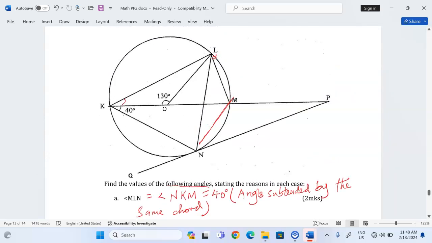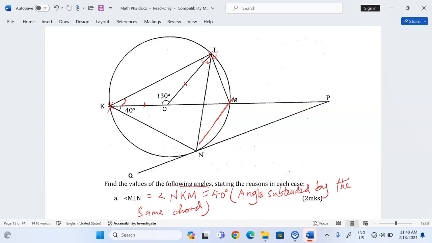OLN, the angle at this point. Okay, we can do this one systematically. We can begin considering KL, which is a chord that has produced 130 at the center. Then we will be able to conclude the values of the angles at this point.